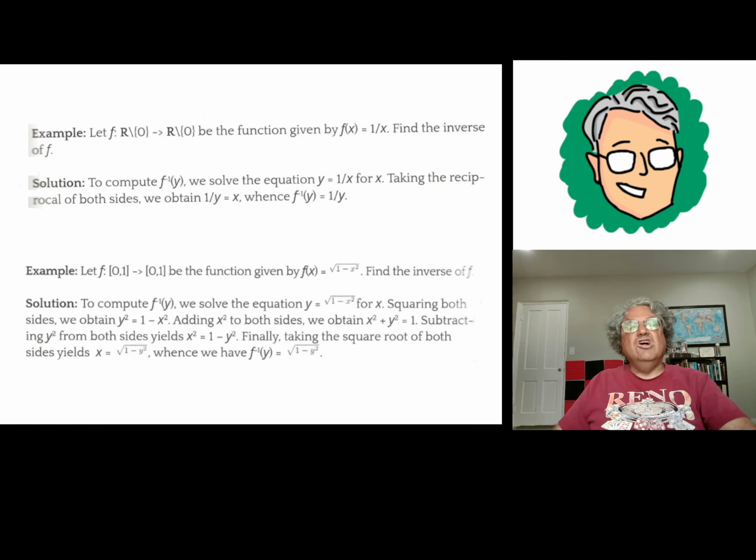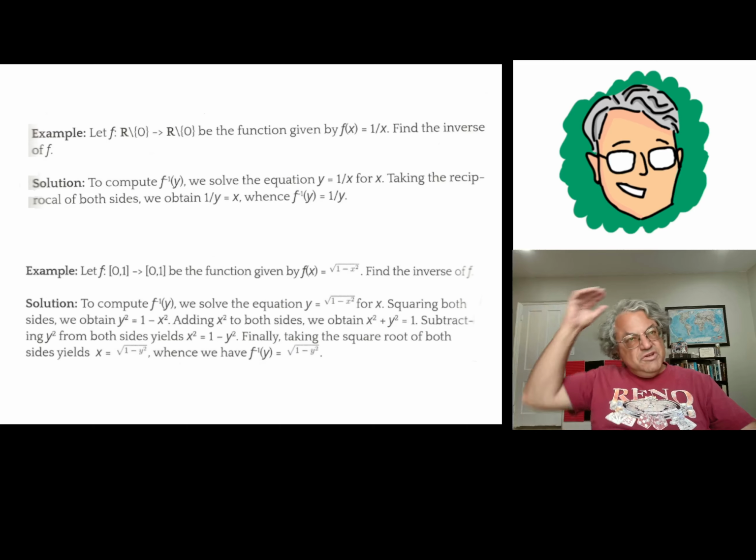Okay, so just two more examples. Suppose f is now a function from all the non-zero reals to itself. So the way we write that, remember when I was talking about exclusion, complements.